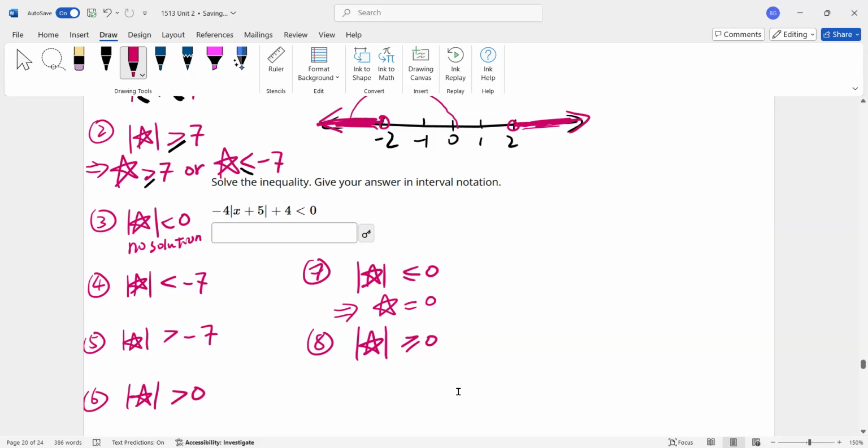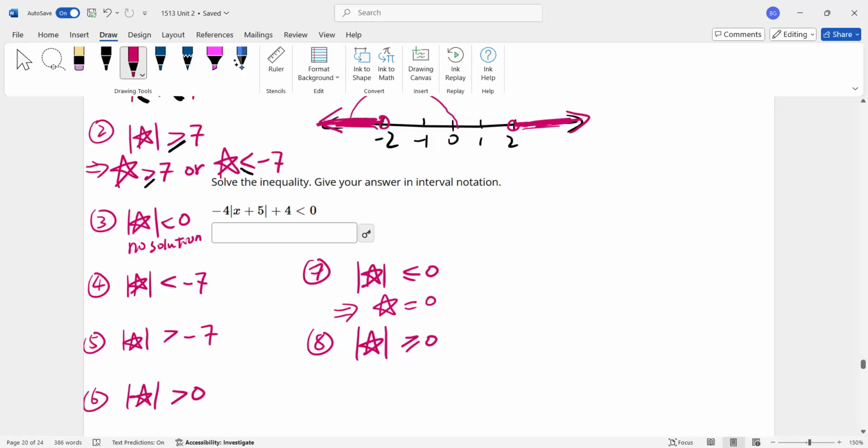And now let's look at number 4. What if you have an inequality that looks like this? Absolute value inequality. Left side distance, right side -7. Distance is less than a negative number. What does that tell you? Do you have any solutions for that?